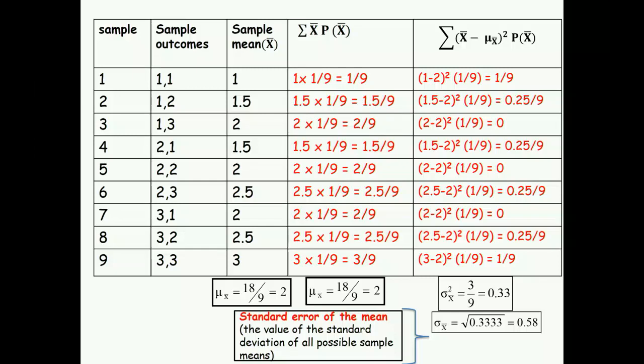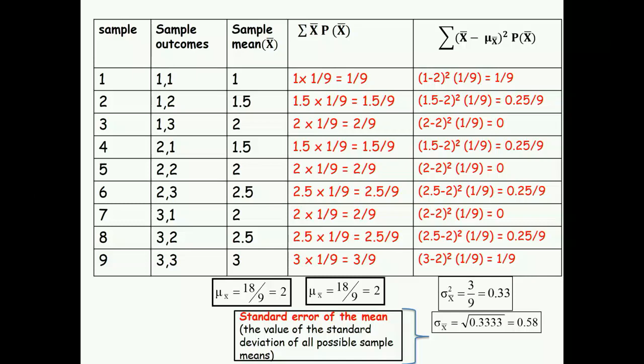The mean of all possible sample means equals 2, which is the population mean. The other way that you could calculate: this is 1. How many possibilities do I have? 1, 2, 3, 4, 5. The probability is 1 over 9. For this one, 1.5, the probability is 1 over 9 because there are 9 possibilities. If you calculate this way, you would find 2.